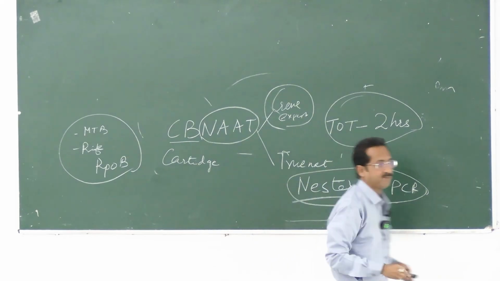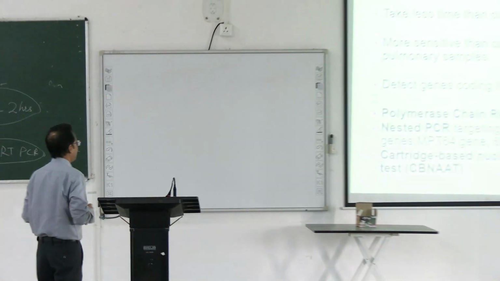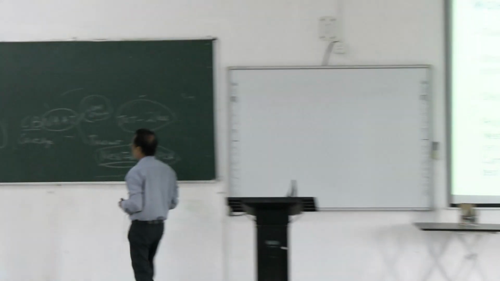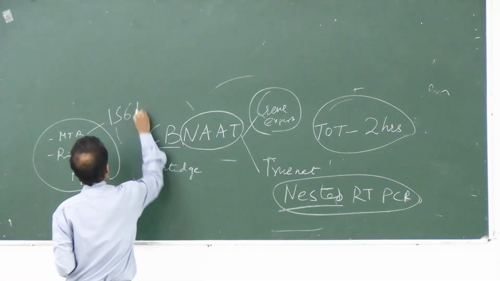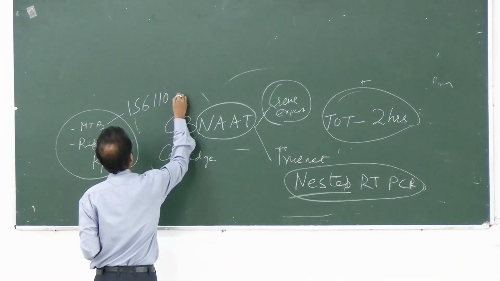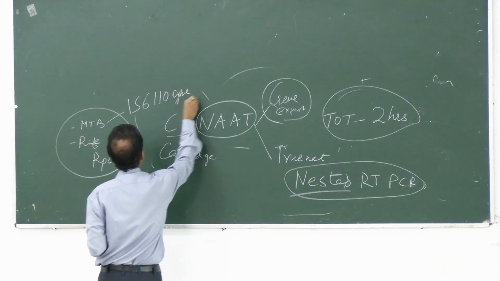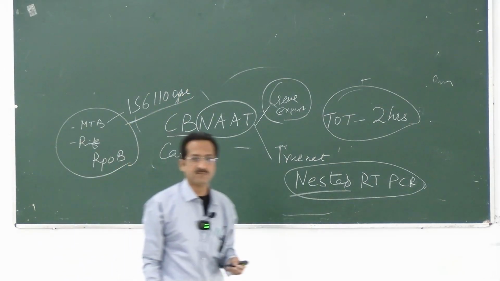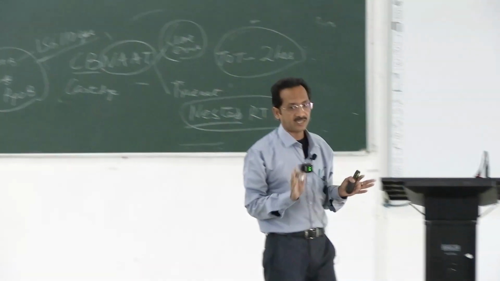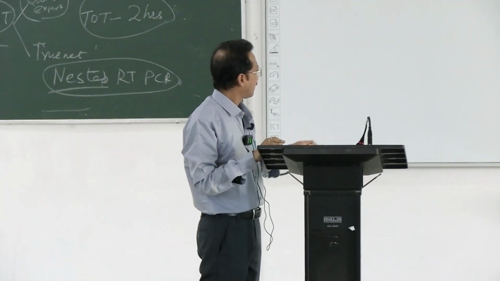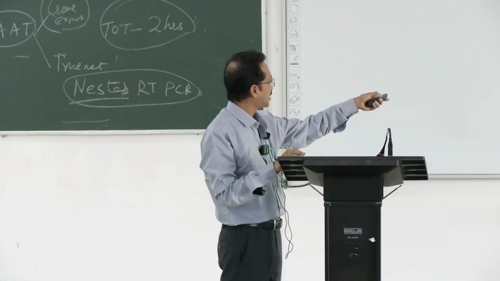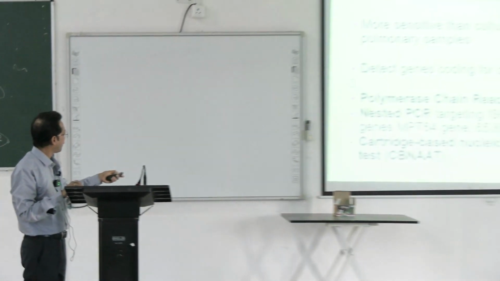A nested real-time PCR. What does it detect? It usually detects the tuberculosis IS6110 gene, and the rpoB gene for rifampicin. Other genes, such as MPB64, can also be detected.